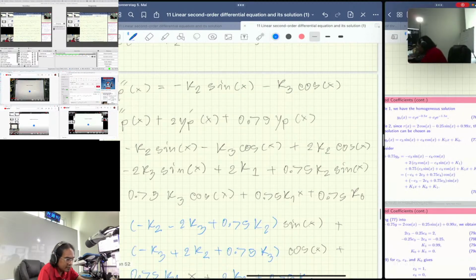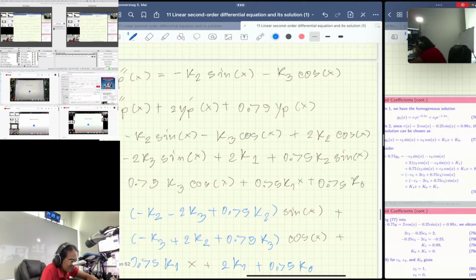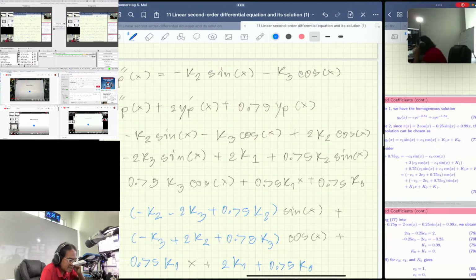And for the cosine term, we have negative K2 plus 2K3 plus 0.75 K2. And the cosine term, we get negative K3 plus 2K2.